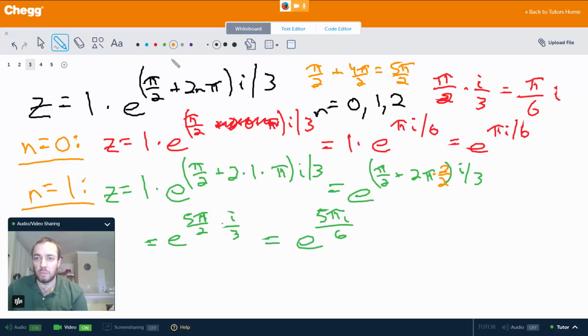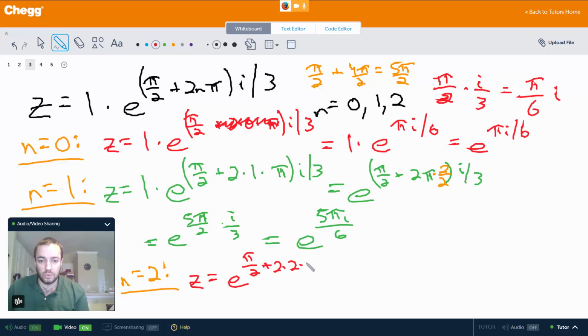All right, and then finally, what if n is 2? If n is 2, then we have z equals e to the (pi over 2 plus 2 times pi), all that multiplied by i over 3.